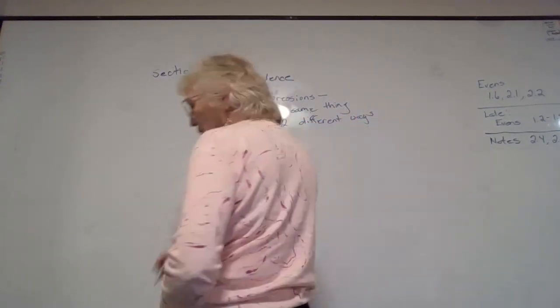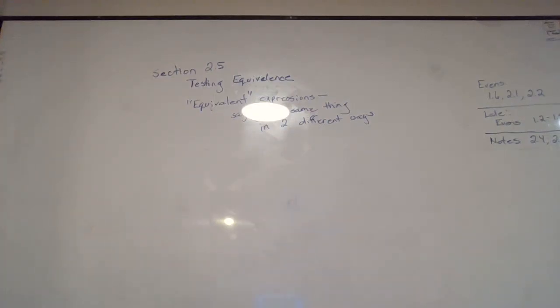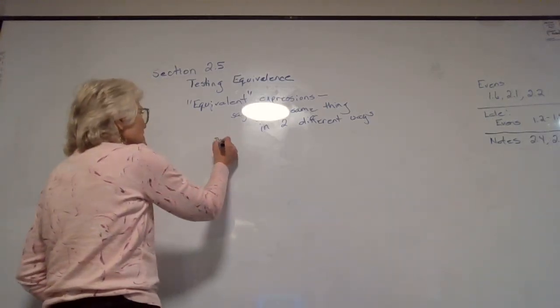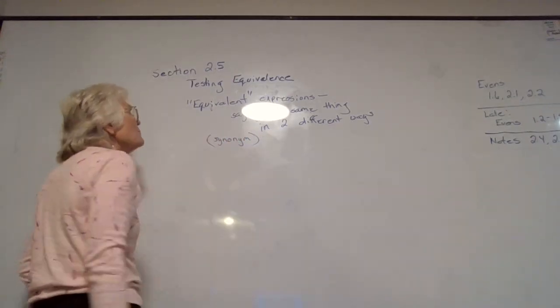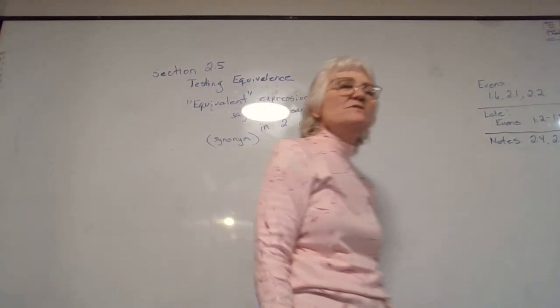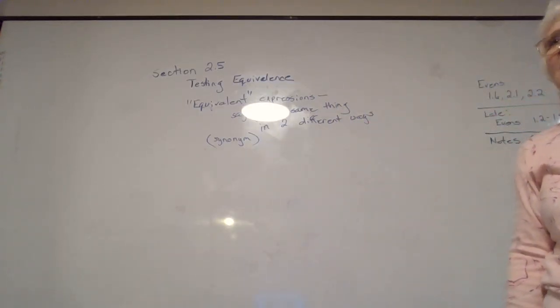If you want to think about it in our English language, it's really that they're synonyms, right? A synonym really says the same thing as something else, just using a different word. Well, in math, equivalent expressions are basically synonyms of each other. They say the same thing.